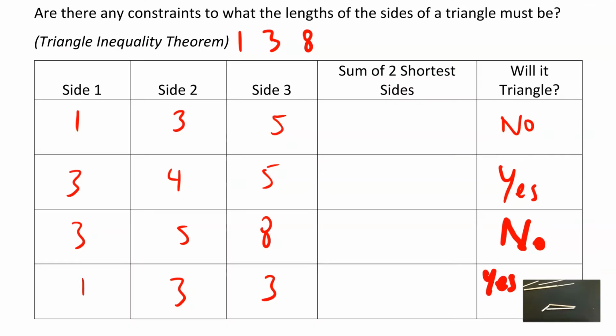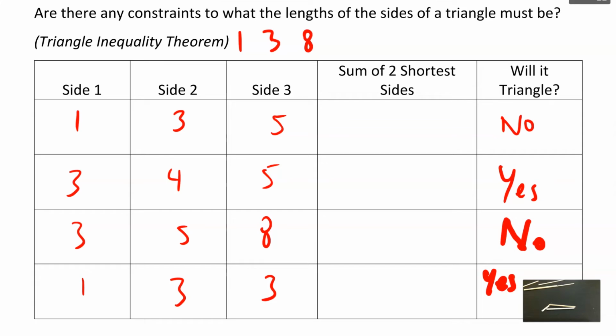My 1, 3, 5 did not. My 3, 4, 5 did. My 3, 5, 8 did not. My 1, 3, 3 did. And then, of course, my 1, 3, 8 that I started with, the very first exploration, did not work. I'm wondering if I can figure out why.